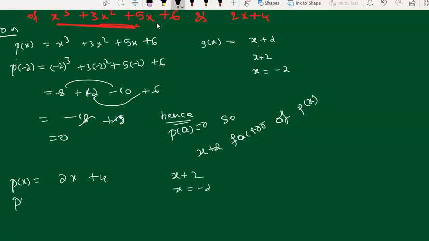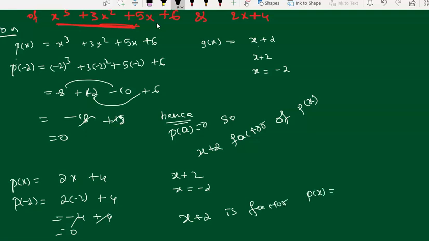Let's find out here p of a, p of minus 2: 2 into minus 2 plus 4. Here I get minus 4 plus 4, cancels out, I get 0. So you can easily say x plus 2 is also a factor of p of x, that is 2x plus 4. Here p of x is x cube plus 3x square plus 5x plus 6.